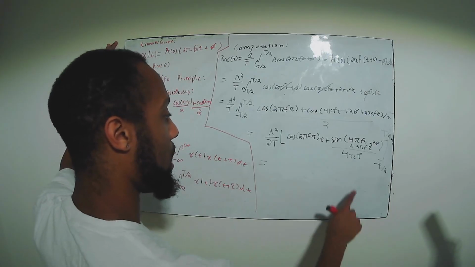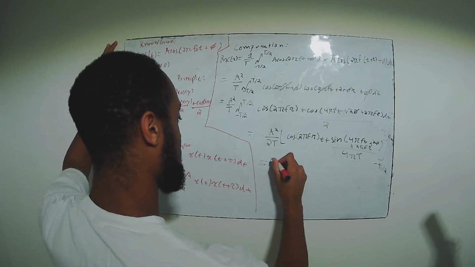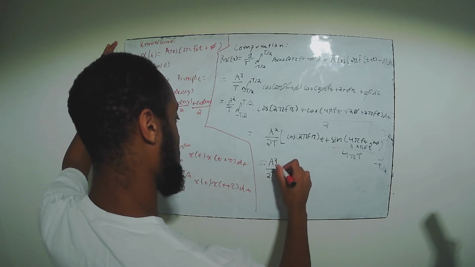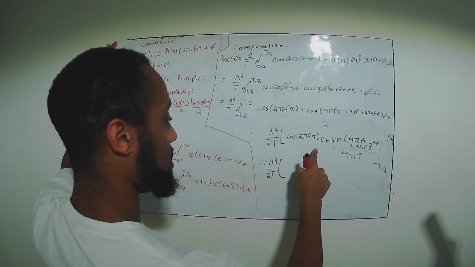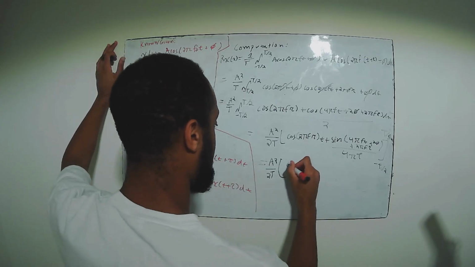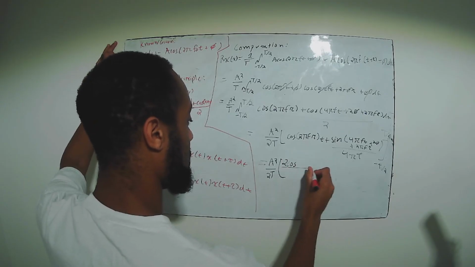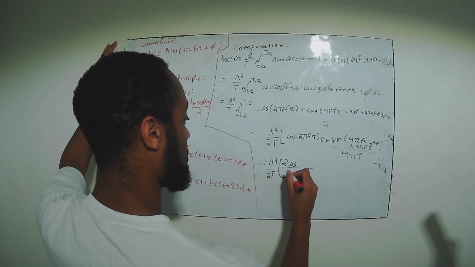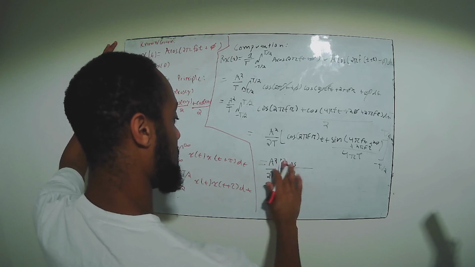Let's see here, hold on. So we're going to get this t over 2 minus t over 2, that's going to add up to be 2t.